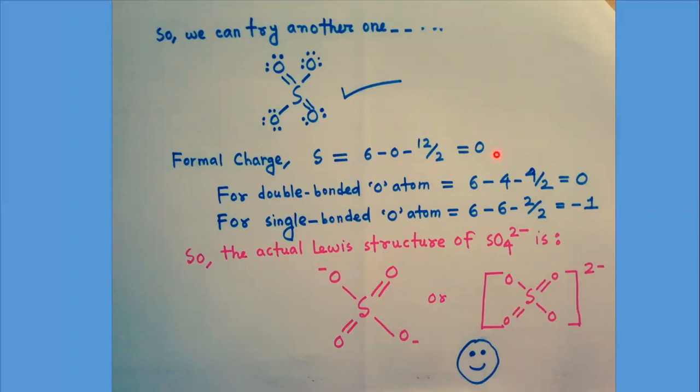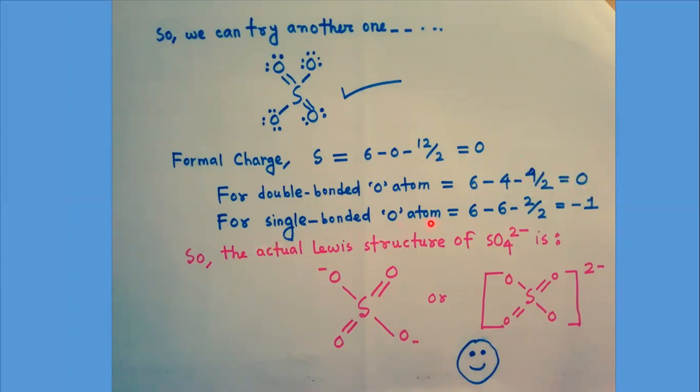So the formal charge of sulfur is 0. For double bonded oxygen atoms, the number of valence electrons is 6, minus 4 non-bonding electrons, minus 4 bonding electrons divided by 2. The ultimate calculation is 0.